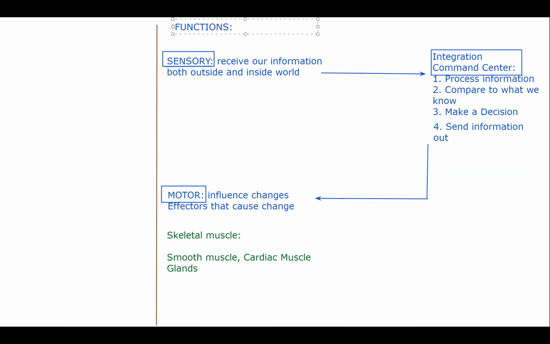And like I said, we have 3 main primary types of functions: sensory, motor, and integration. Okay. Those make sense? Again, if we cheat, we can sneak back to our lecture.